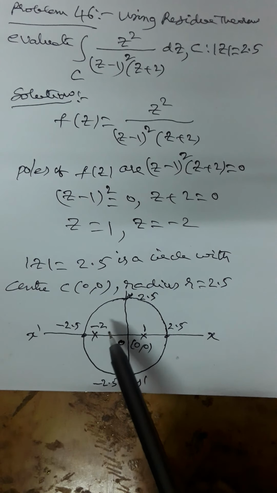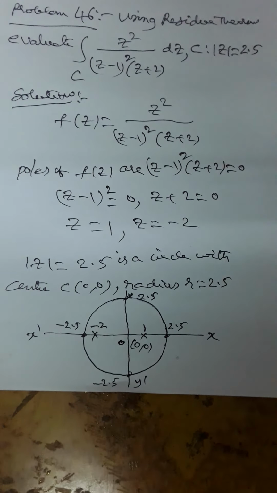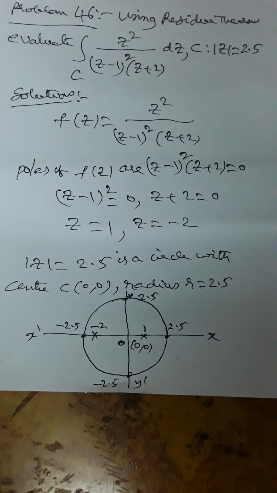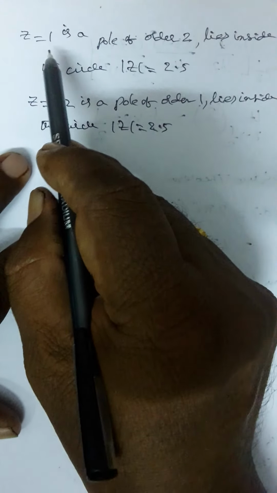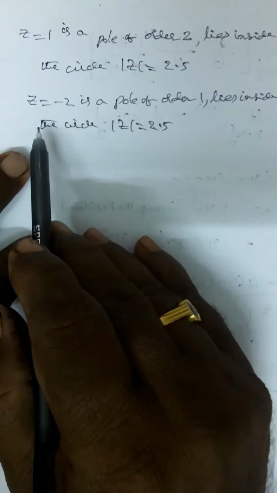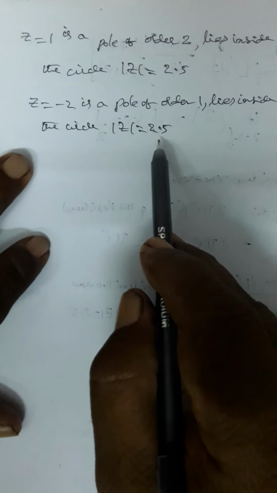Both poles lie inside the circle |z| = 2.5. z = 1 is a pole of order 2 and z = minus 2 is a pole of order 1.